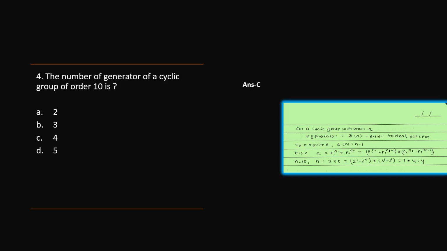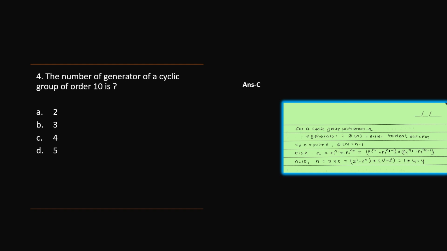The fourth question is asking for the number of generators of a cyclic group of order 10. To calculate the number of generators, we can use the Euler totient function. It says that if n is a prime number, then the number of generators is n minus 1. But if it is not a prime number, then we calculate the factors and their powers.